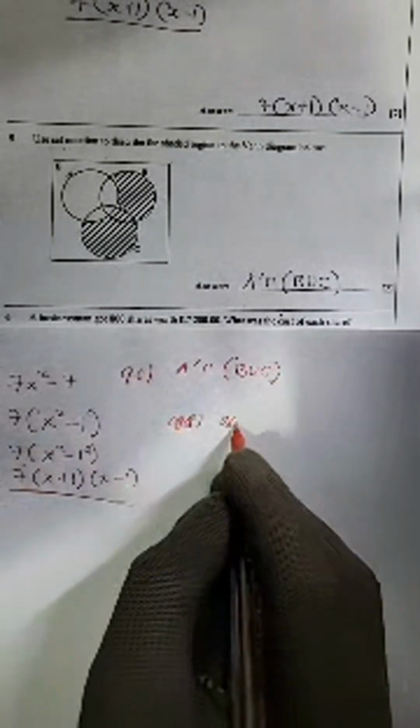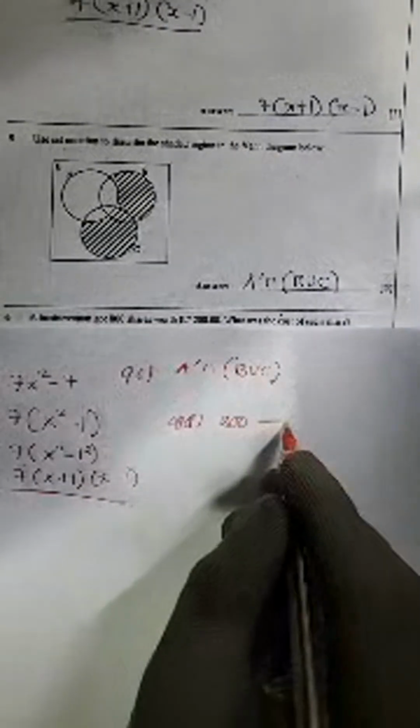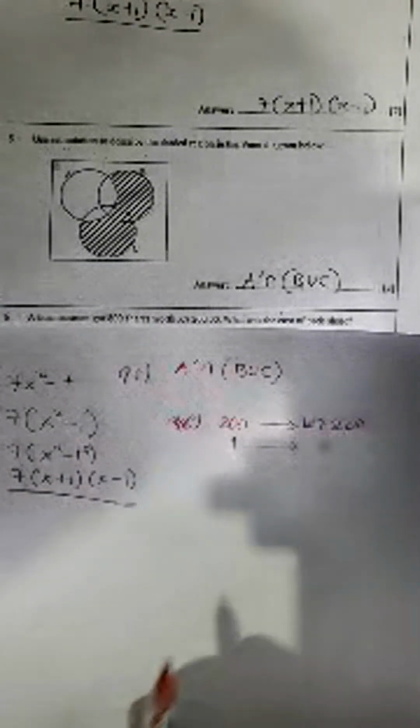The first thing here is that 800 shares were worth 7,200 kwacha. Then what was the cost of each share? Meaning one share is equivalent to how much? Let's put X here. Then let's cross multiply.